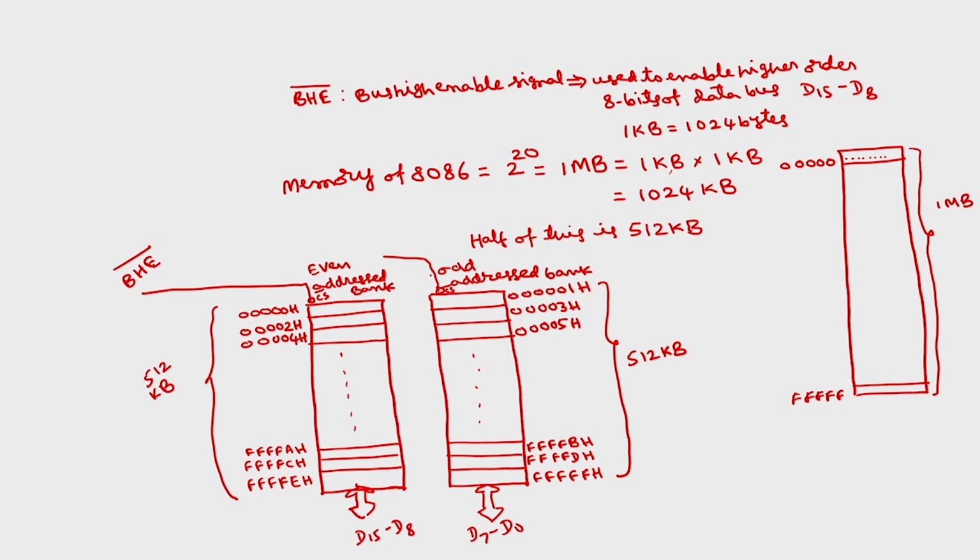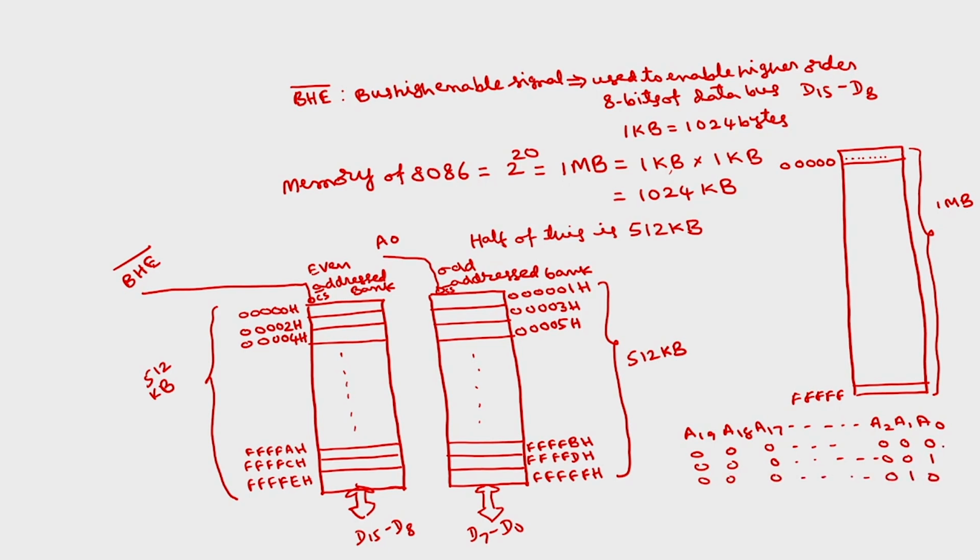And in order to select this for only the odd address, we can simply give A0. We know that a total of 20 address lines are there: A19, A18, A17, and so on up to A2, A1, A0. For all addresses, if I take the starting address, it is all zeros, the next address is all zeros with the last bit 1, the next address is zeros and then 2, and so on.